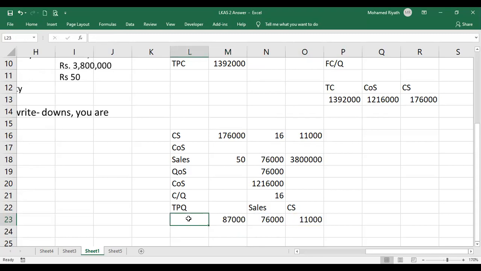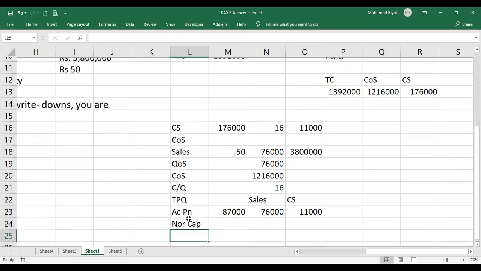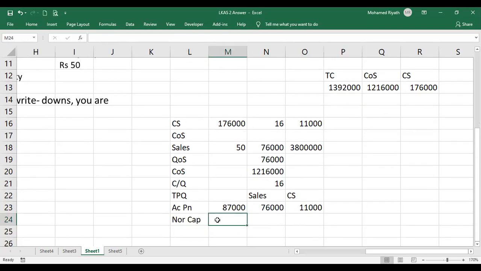This is the actual production, isn't it? Normal capacity: we know that this 87,000 equals 0.87 of normal capacity, so normal capacity is 100,000.